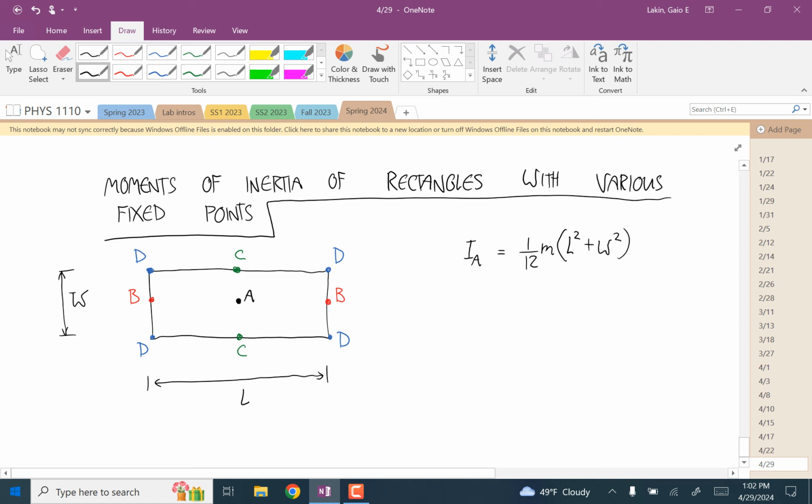If the fixed point is at either one of those two B's, then the formula is 1/3 times m times L squared plus 1/12 times m times the width squared.